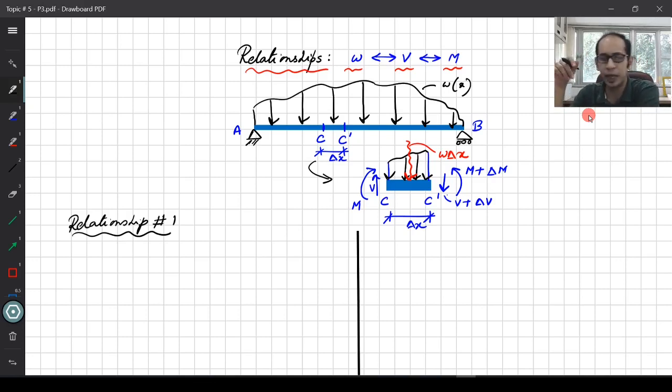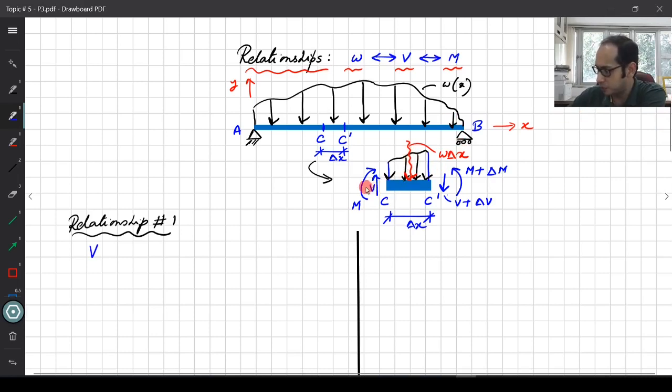If you are taking upward as positive y, and this is positive x, I am just doing the equilibrium of the forces, not the moments, just Fy equals 0.